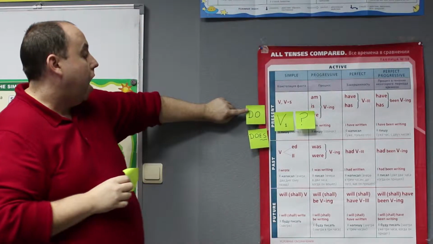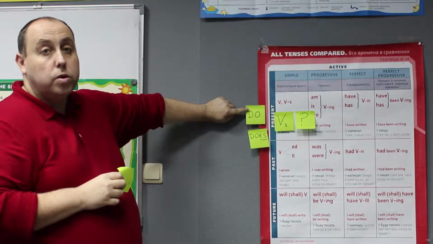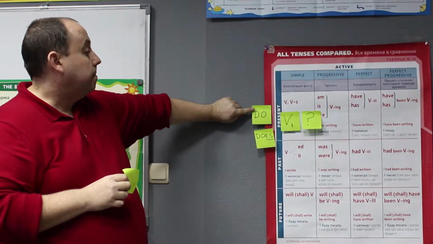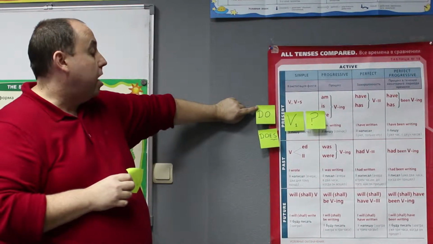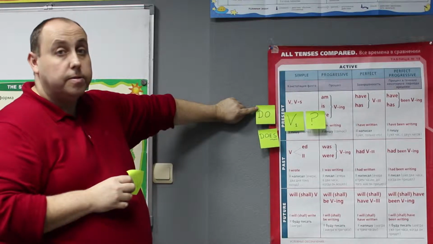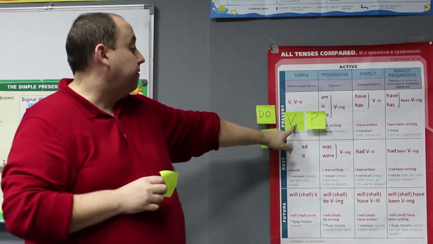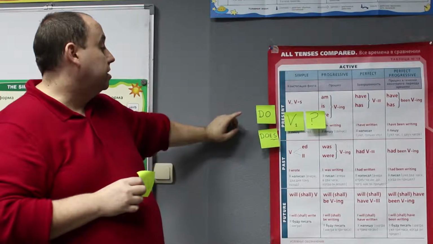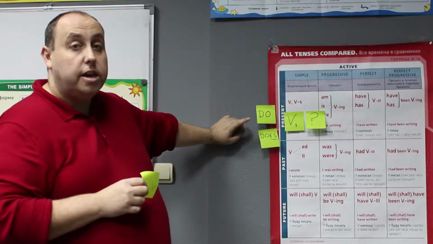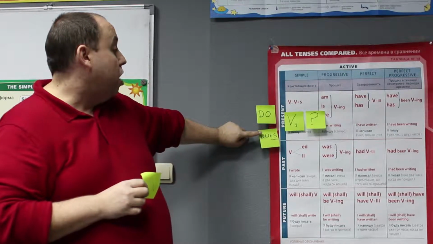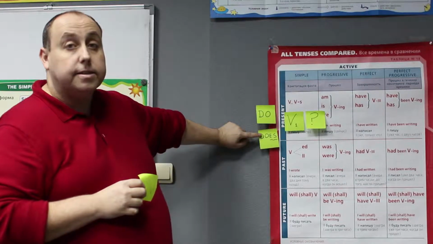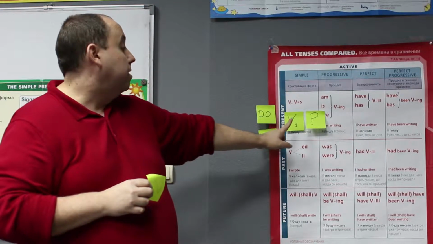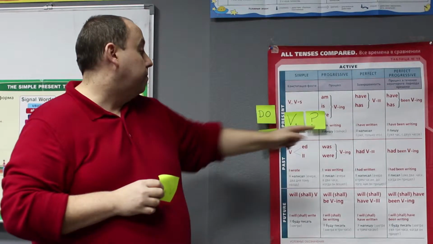Okay, so I, you, we, they uses the helping verb do, followed by the verb in the first form when we have a question. But for the third person singular, he, she, it, we use the helping verb does, followed by the verb in the first form.